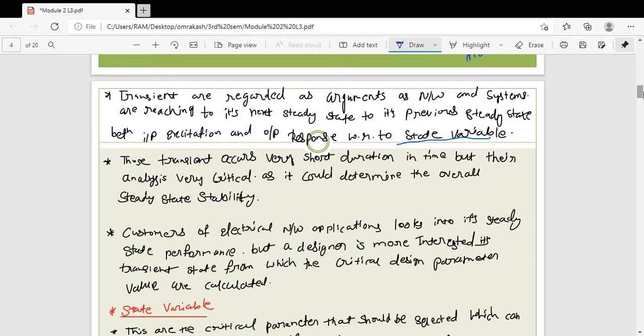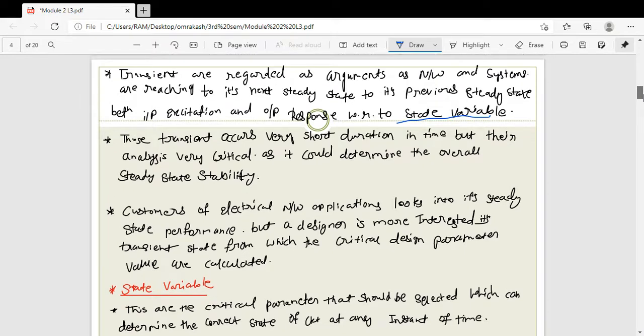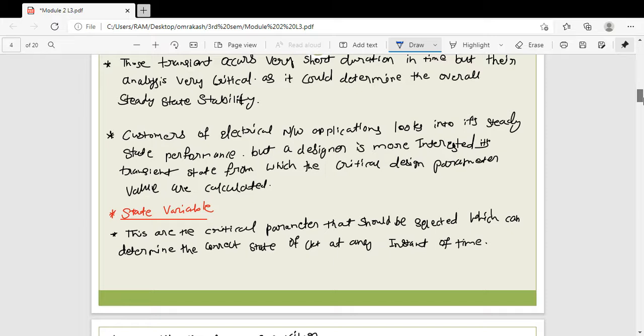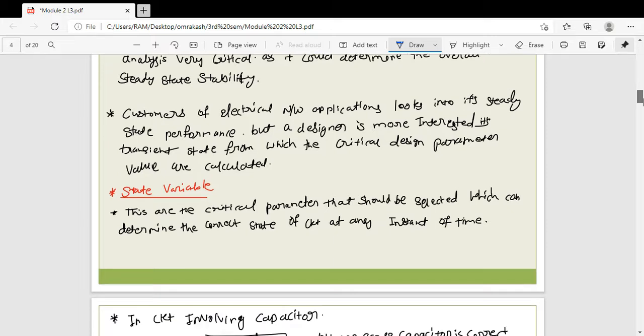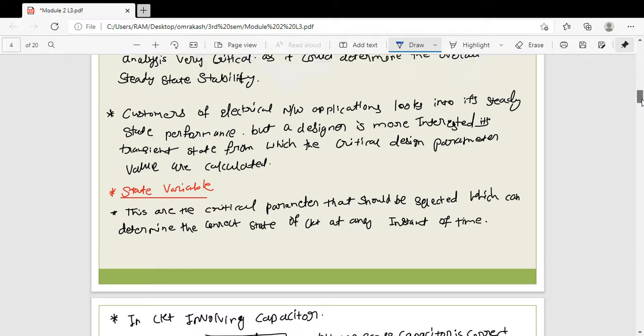So every circuit has some state variable in it if the circuit contains L and C components, and we will see what the state variable is. Now the total response is equal to the transient response plus the steady state response. So you can read it out. These are some basic points given here.